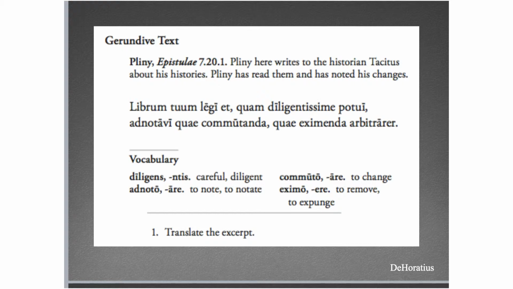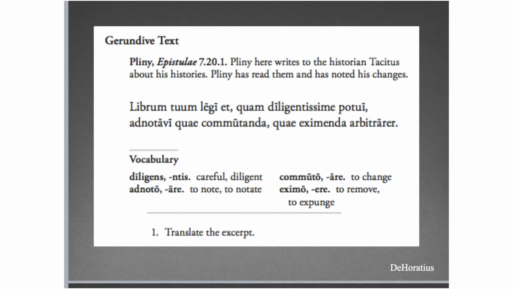All right, here's another gerundive text. So we're just translating here. So I read your book, and I annotated it as diligently as I could. I annotated what I thought had to be changed, needed to be changed, and what I thought needed to be removed.